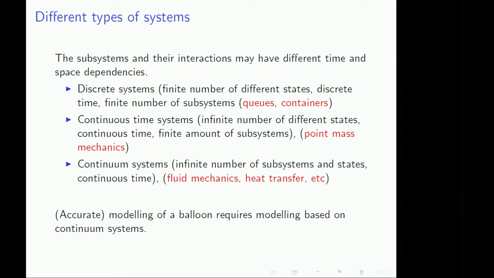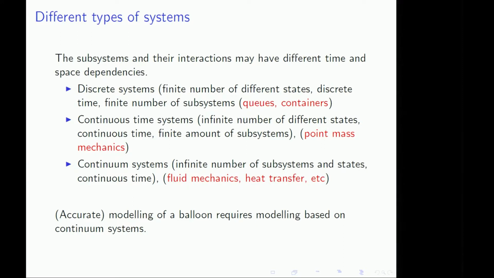Another family of systems is continuous time systems. Here the system components can have infinitely many different states, a state that can vary continuously, and as this is the case, also the time is of importance at every moment, so the time has to be treated as a continuous variable.